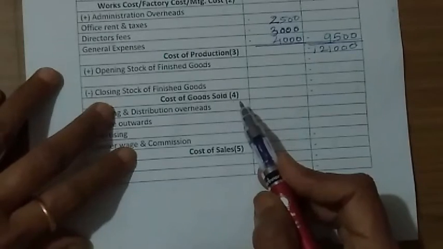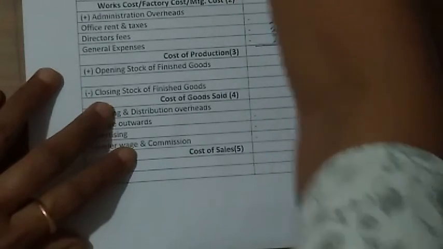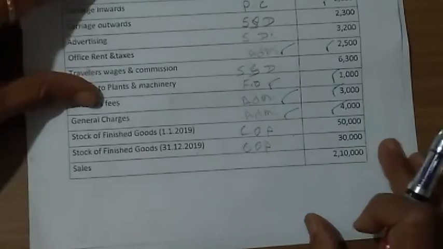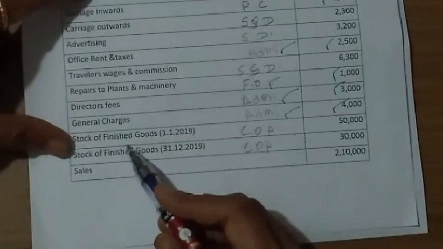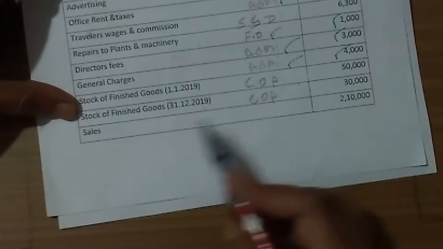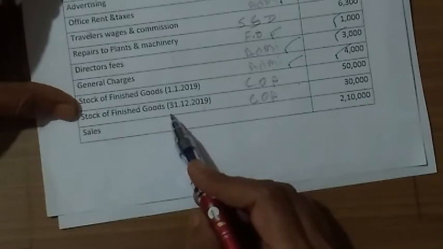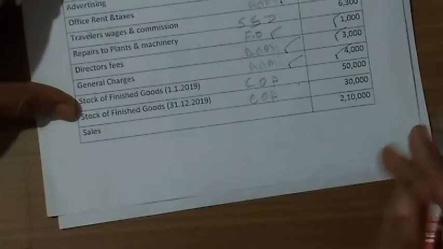For this, here given in our problem, stock of finished goods opening stock 50,000 and closing stock 30,000.